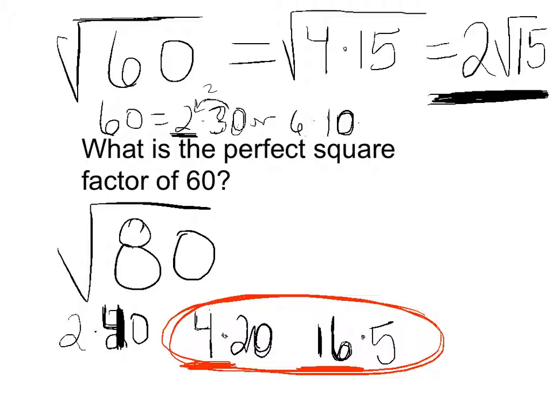So, which one do we choose? Which one gives us a more efficient way to simplify? I claim 16 times 5 will give us a more efficient way to simplify this. Let me show you why.